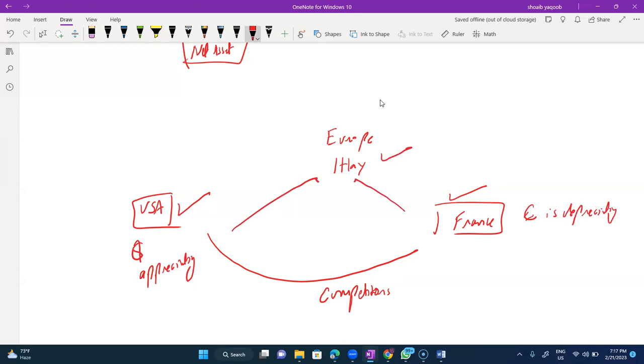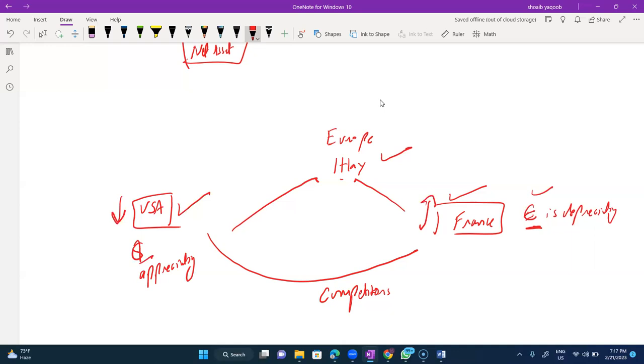For the people of Italy, the euro will be more convenient, because if they buy in euros, it will become cheaper, but if they buy in dollars, it will become expensive. So the sales of France will increase and the sales of the US will decrease. So what is the solution?